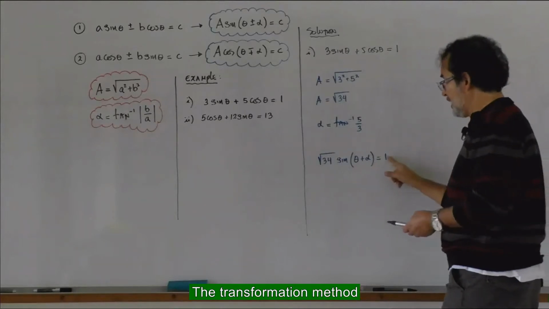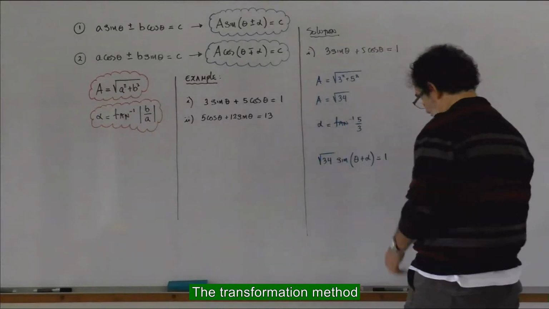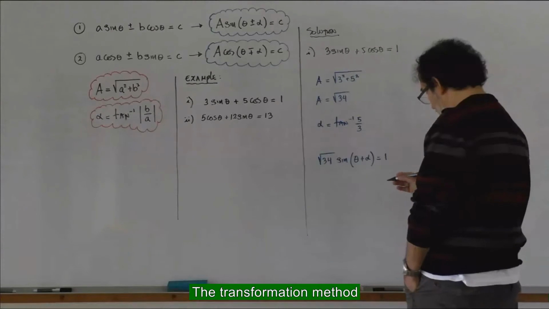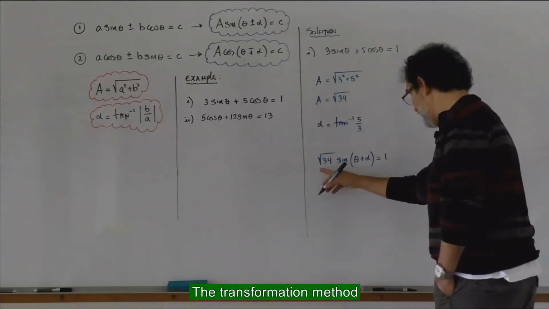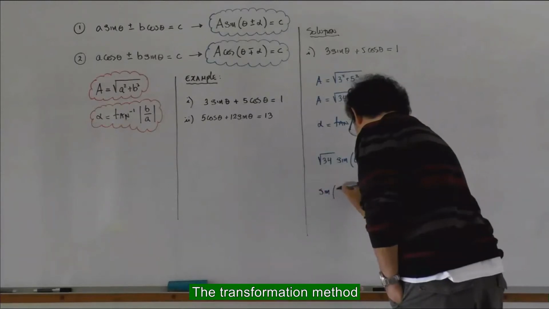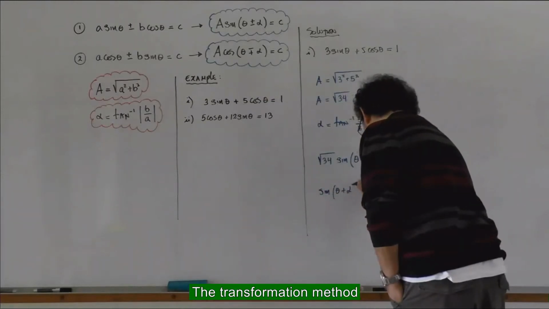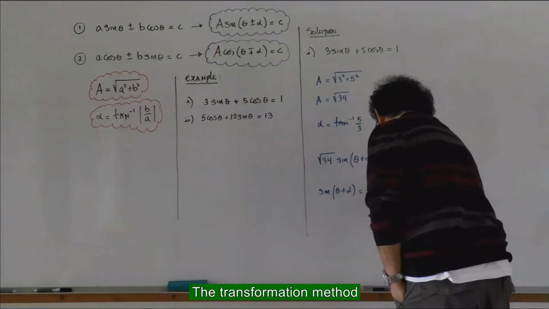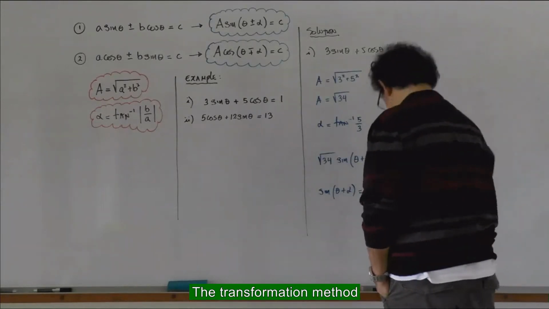This one is coming from here. Then we divide by square root of 34, so we have sine of theta plus alpha is equal to 1 over the square root of 34.